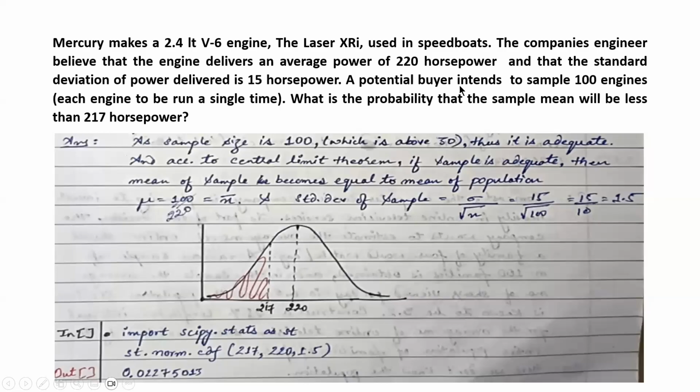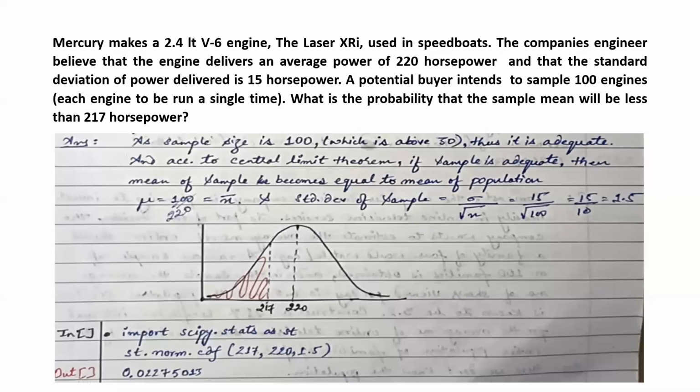Now, a potential buyer intends to sample 100 engines. One buyer is interested to purchase the engines, but they want to check a sample of 100, with each engine run a single time. The potential buyer wants to check whether the engine gives 220 horsepower or not. Now, what is the probability that the sample mean will be less than 217 horsepower?